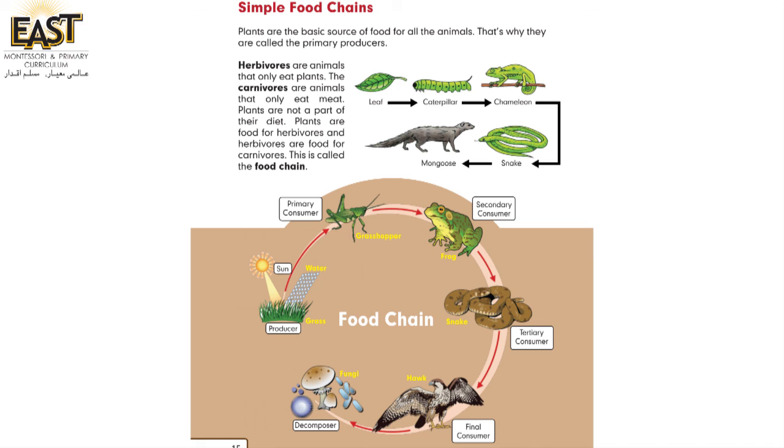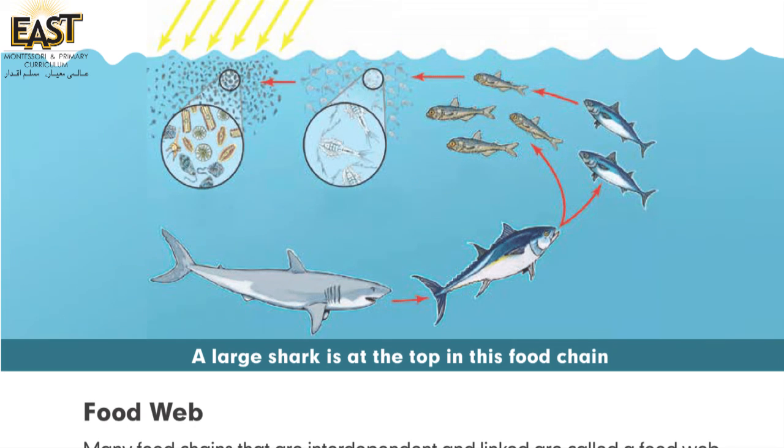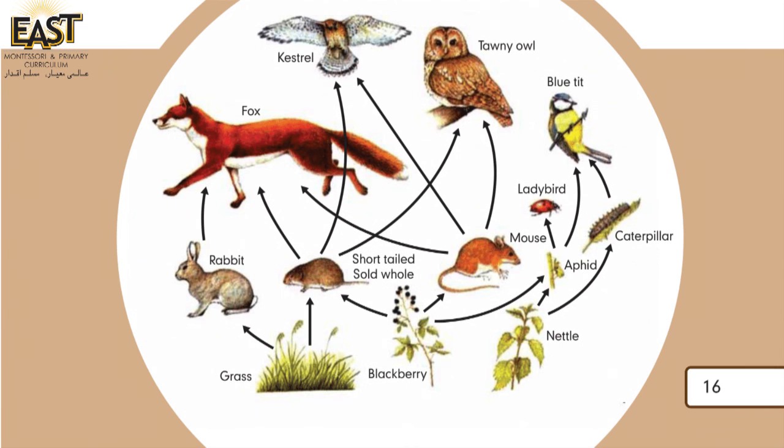Then on page number 16 we have the food web. Who eats who? So look up. A shark eats a smaller fish like tuna, and tuna eats even smaller fish, and those small fish eat tiny insects. And then we have the food web at the end, where grass is eaten by rabbit, and rabbit is eaten by fox, and grass is eaten by small mouse, and mouse is eaten by owl.